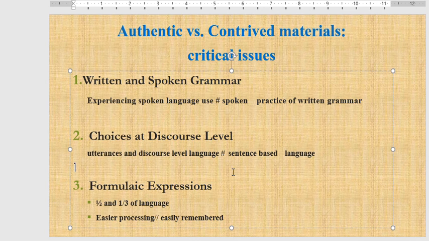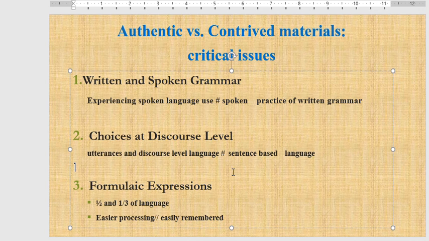You may see some paragraphs, but the paragraphs are not really paragraphs. Isolated sentences have been physically put together and they formed a paragraph.